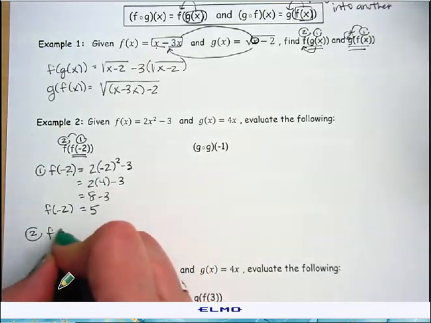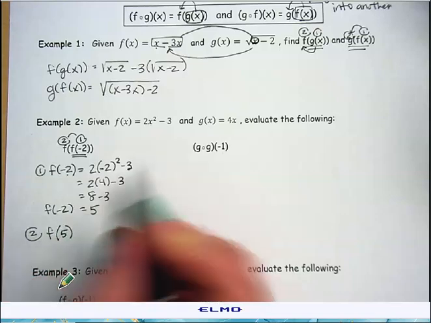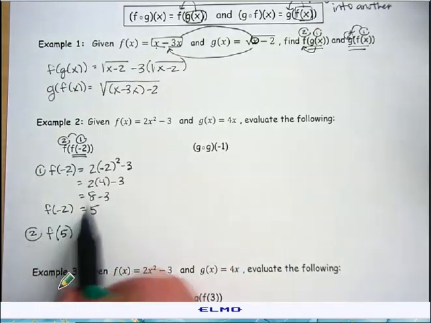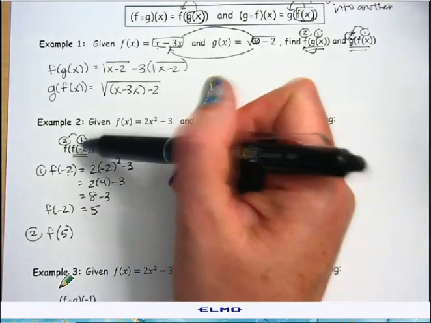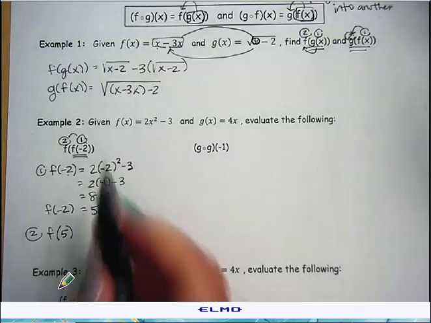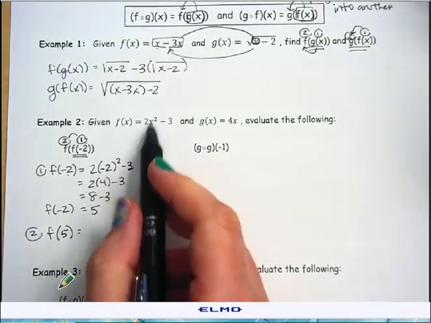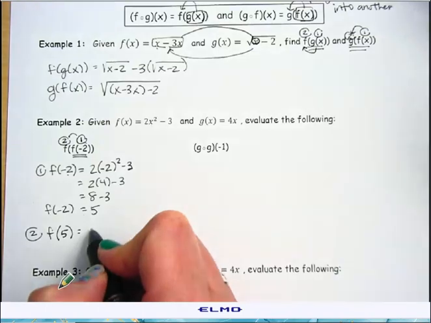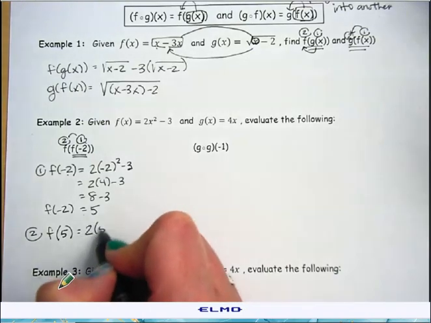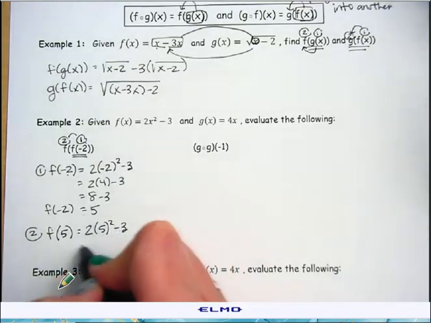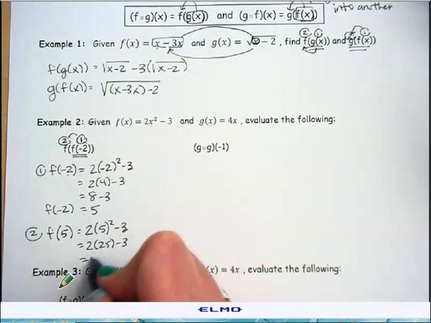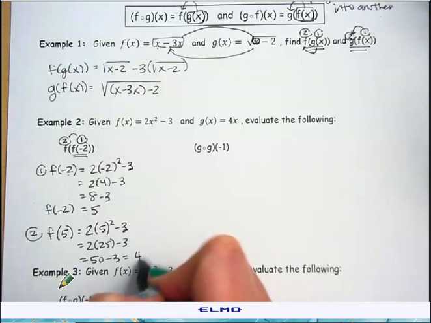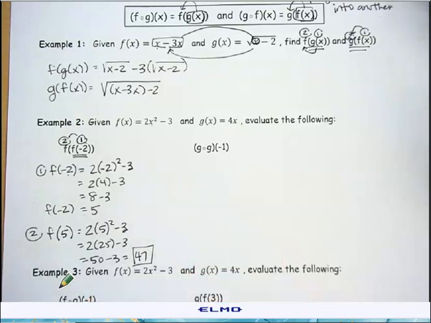So now I have f of 5, because I just found that f of -2 is 5. So now instead of doing this, I already know it's 5. So now I'm figuring out f of 5. So go back to my f function, plug 5 in where I see x. Follow my order of operations. And I get 47.